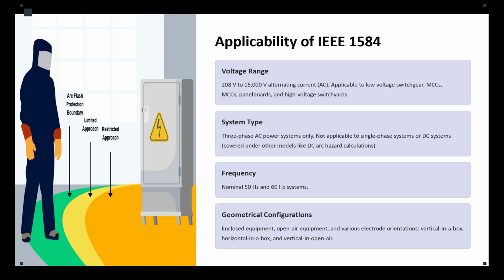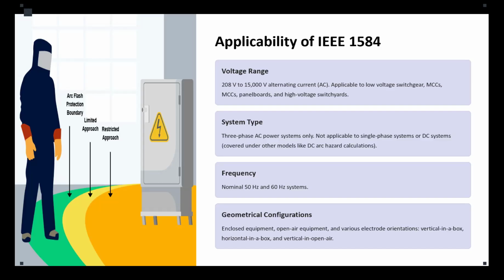All the methods for calculating arc flash hazards, defining the categories, or mitigation techniques don't work for DC systems because of that fundamental difference between the physics of these two arc flashes in DC and AC systems.